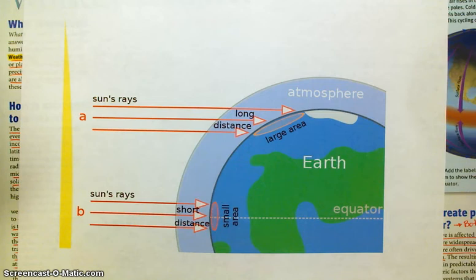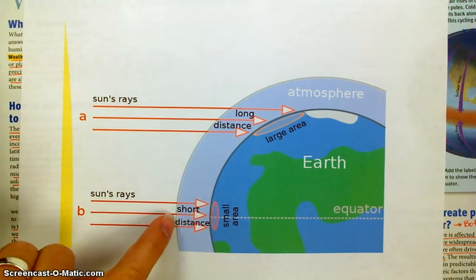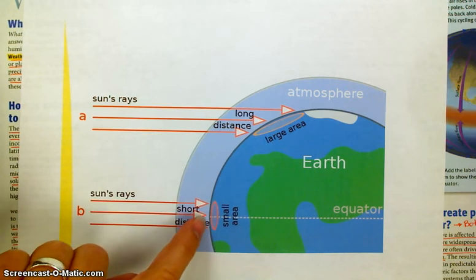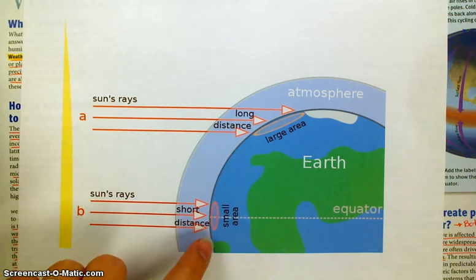All right, you have seen a picture similar to this when we covered seasons in Unit 5. And y'all know that areas near the equator, the sun's rays are hitting pretty directly. They are cutting through the atmosphere directly, and the sun's rays are very concentrated.